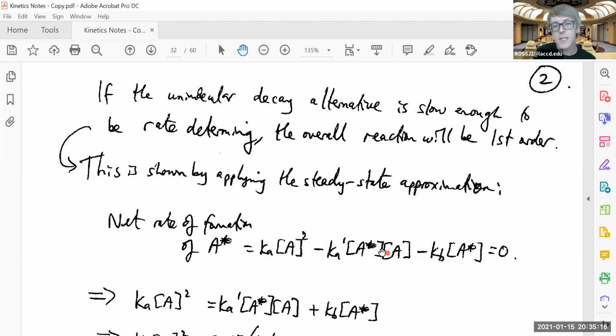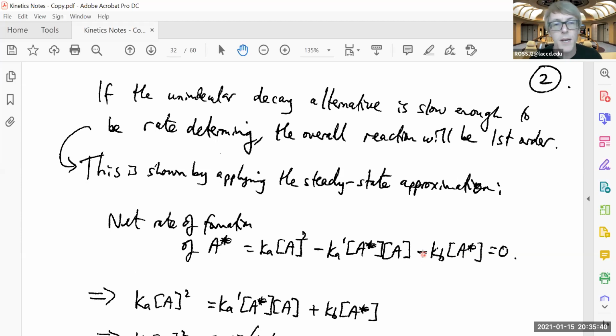And this is the reverse of the initial process. So we form A star with the first term, we go backwards and then decompose A star with this reverse term. Another way to get rid of A star is to do something entirely different and make that product. And it's negative again because it's a loss of A star.